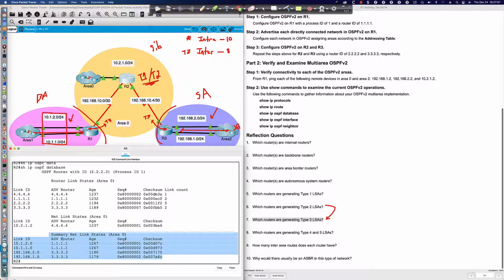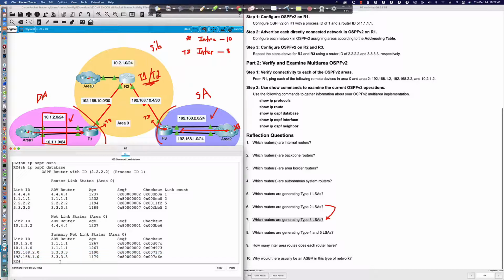In other words, let me see from router 2's perspective all of the type 3 LSA routing information, the inter-area routes that have come from other areas via the type 3 LSA. And these are the 10.1.2. And so there you see it. There are area 1's 2 networks, and here are area 2's 2 networks. And you can see that these are not summarized. Those are the network IDs.